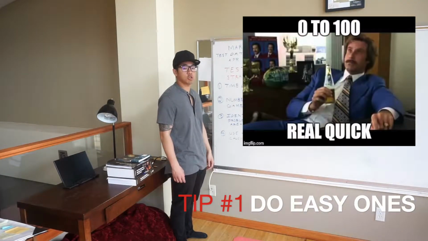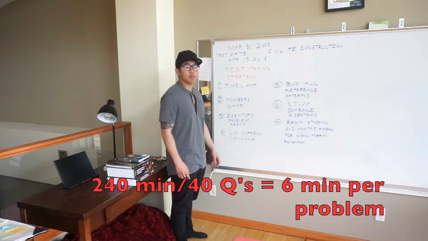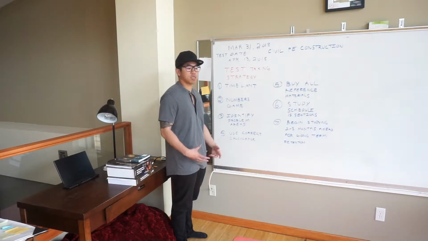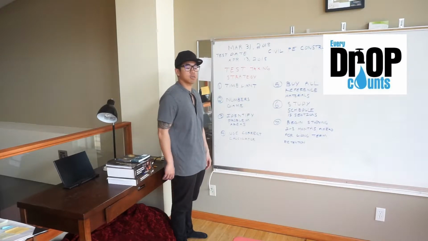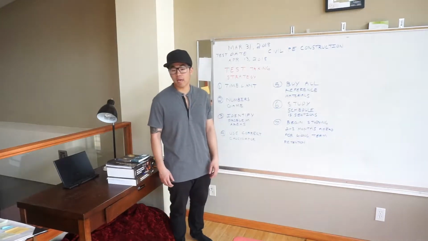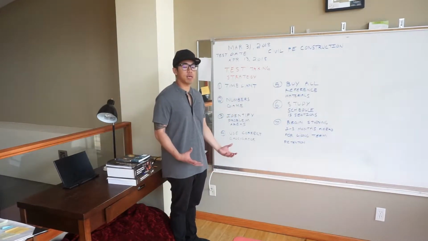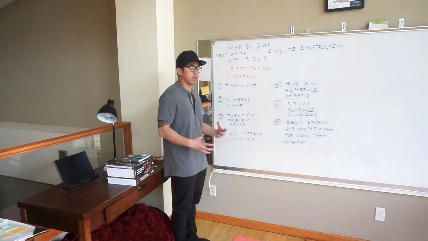That means you're going to want to do the sections that you feel more comfortable with. For the AM exam, I'm going to try to skip the hydraulics and the structural mechanics. Numbers game: each problem is weighted the same, so just try to answer the questions that you feel comfortable with.